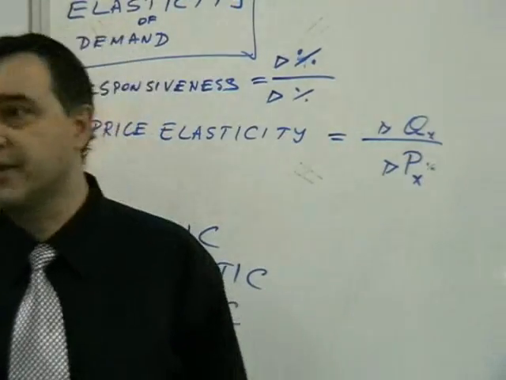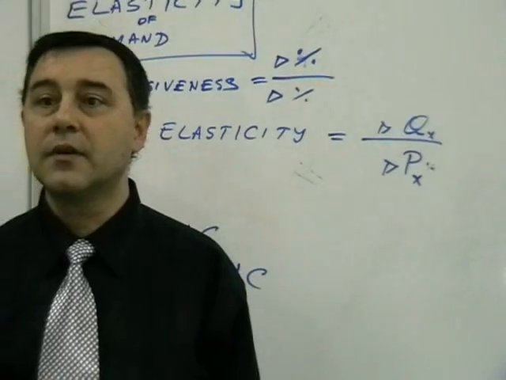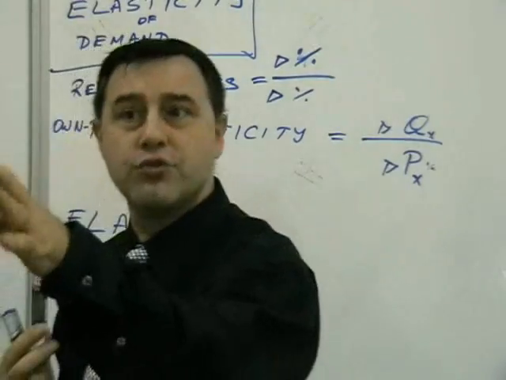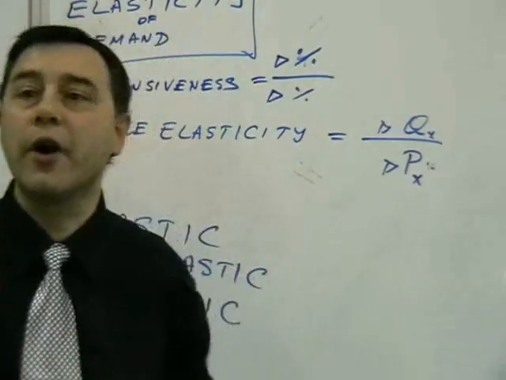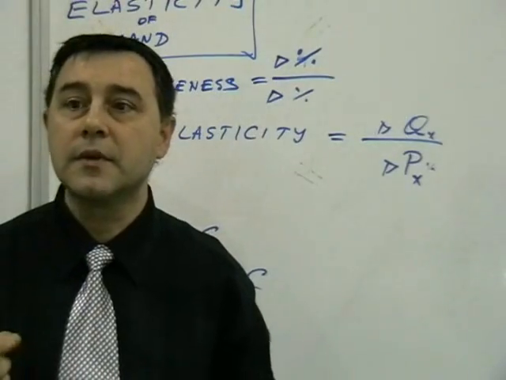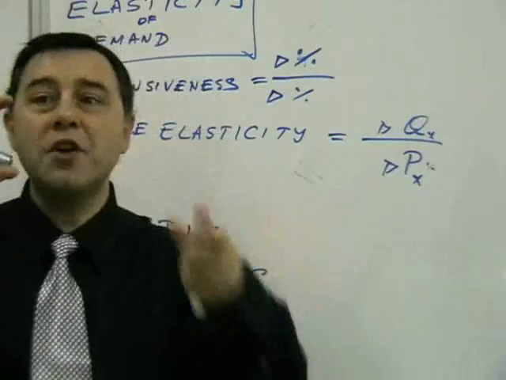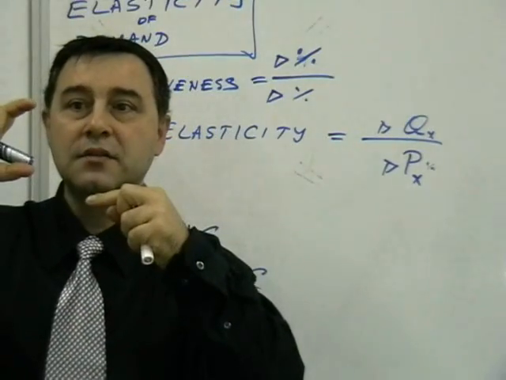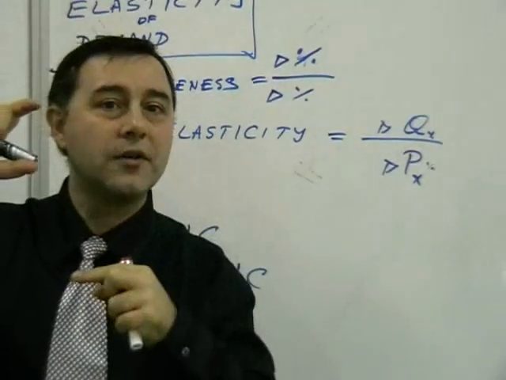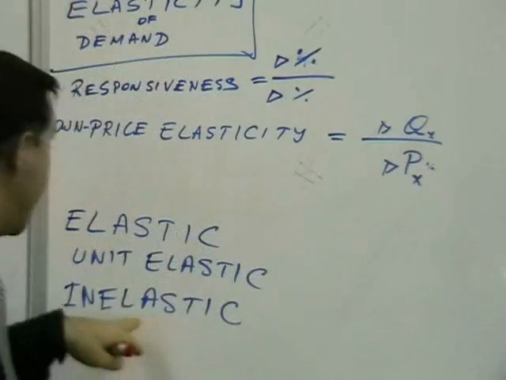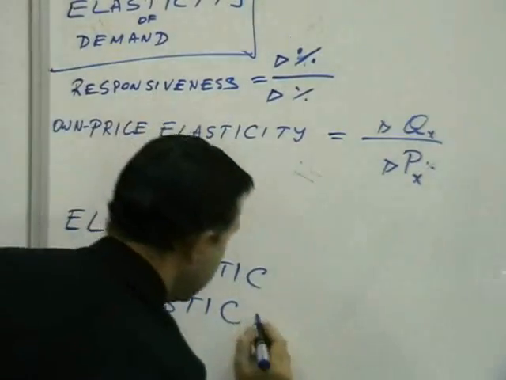Alright, so if price changes by 1%, is the quantity changing a lot or little? For crude oil specifically. When the price goes up by 1%, will the quantity drop by 1%? No. Less or more? Less. Okay, there you have it. Inelastic.